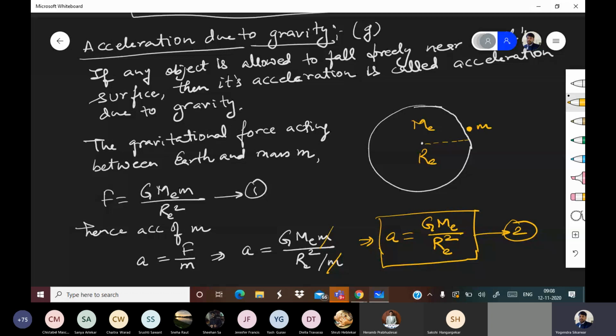This is the acceleration given by equation 2.